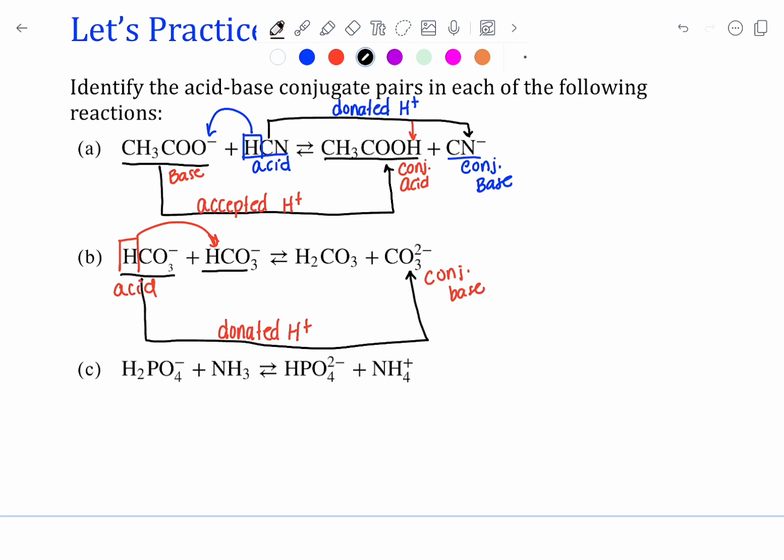The other HCO3- turned into H2CO3, therefore it accepted that hydrogen, meaning that one of the HCO3-s was a base and the other one was the conjugate acid. So just like water, HCO3- can act as both an acid and a base because it can both remove a hydrogen and take on a hydrogen depending on the situation.